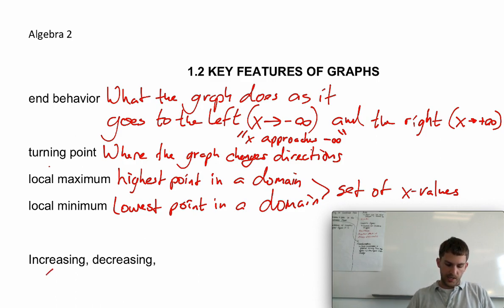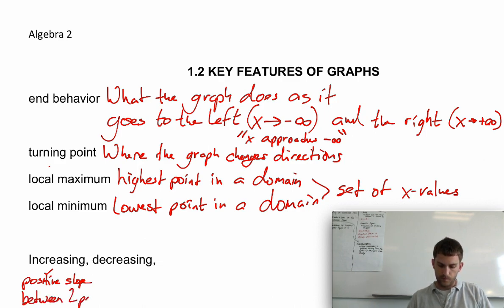Increasing and decreasing intervals. Increasing intervals, we're going to say it's got a positive slope between 2 points. For a decreasing interval, we're going to say that's got a negative slope between 2 points.